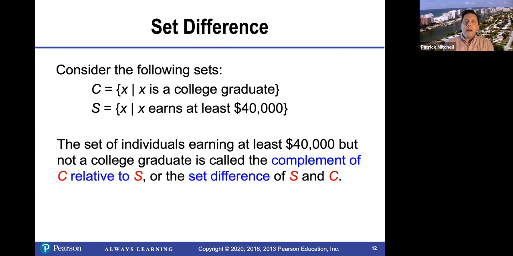All right, another operation that you see sometimes with sets is called the set difference.